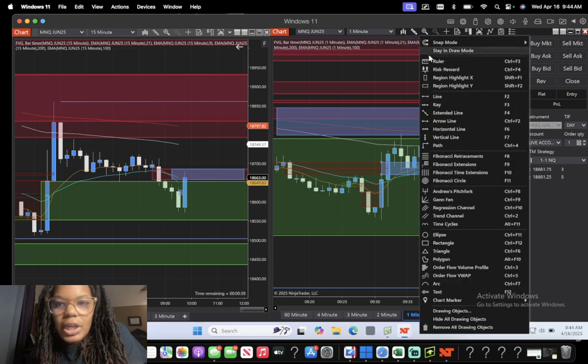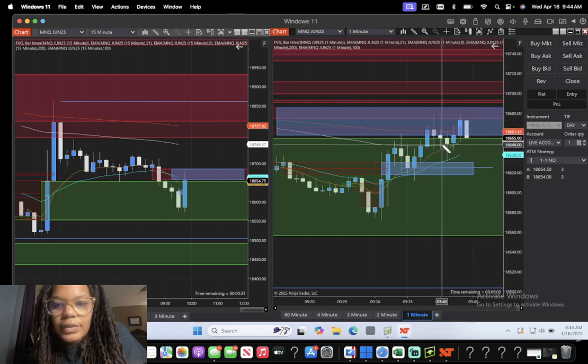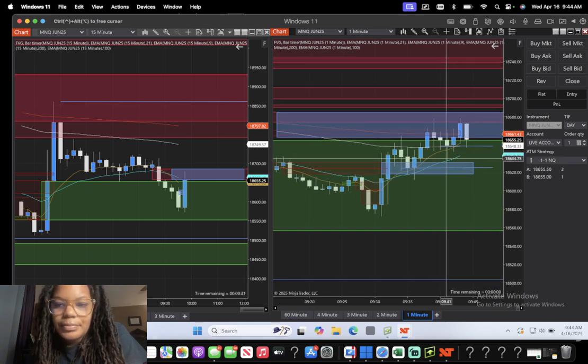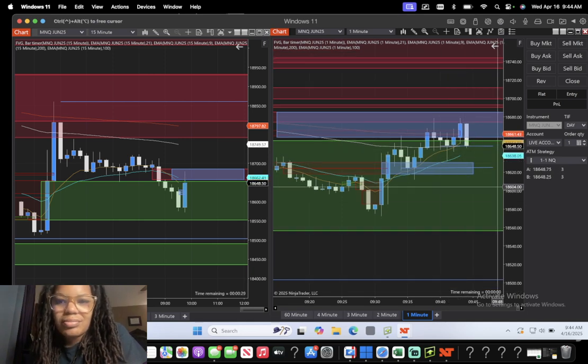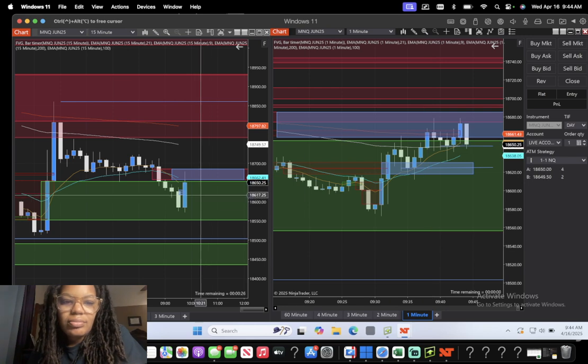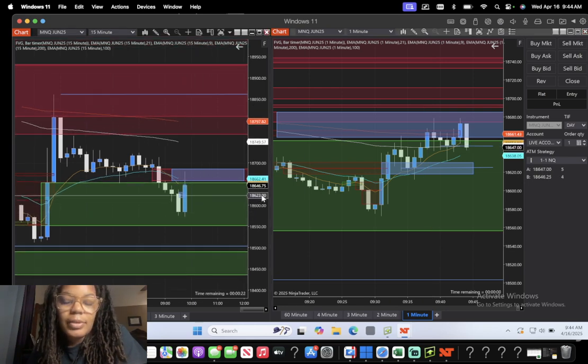Okay, our new CISD is here, but I still wouldn't even take this until we cross back below our first one, because just more confirmation. All right, now the 15 minutes looking like it is still closing underneath that gap.